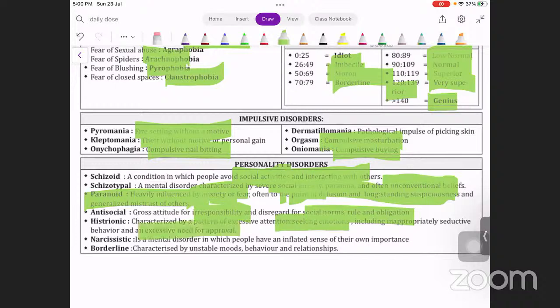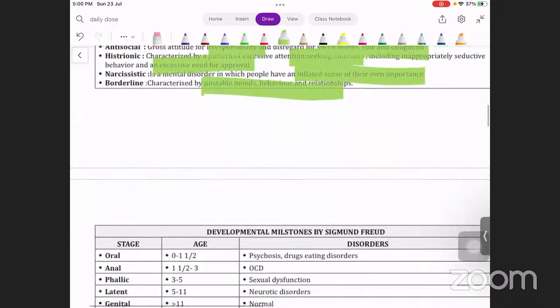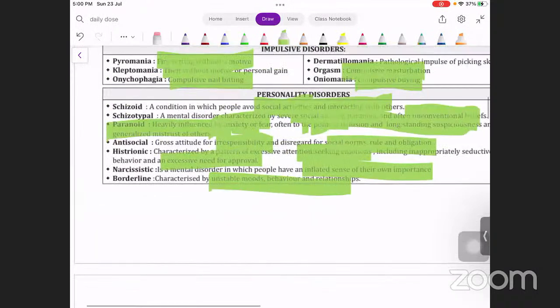Narcissistic is where the patient has an inflated sense of their own importance. Borderline is unstable moods, behavior, and relationships. So these are the personality disorders.